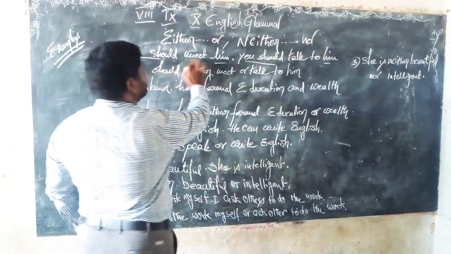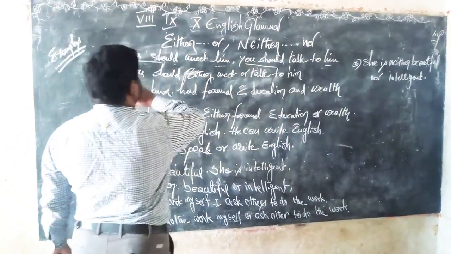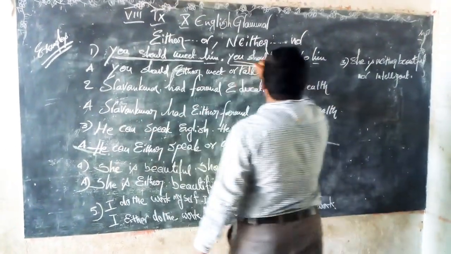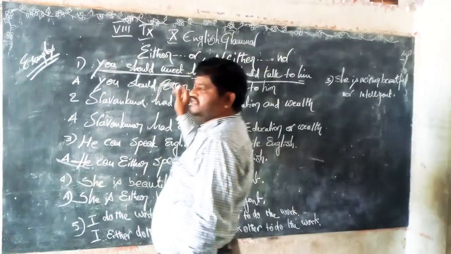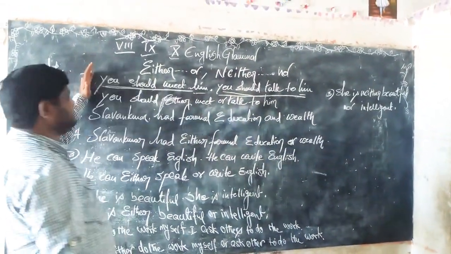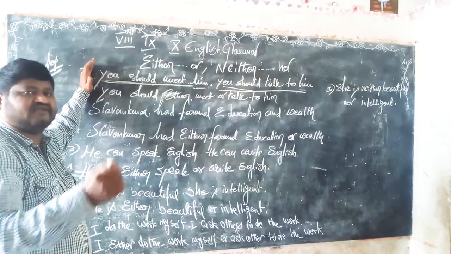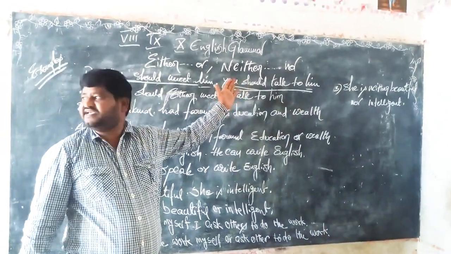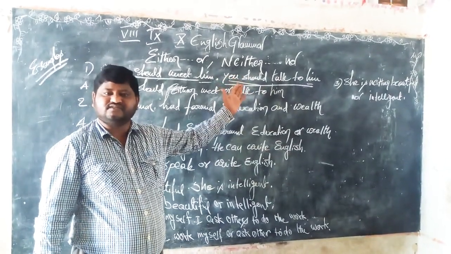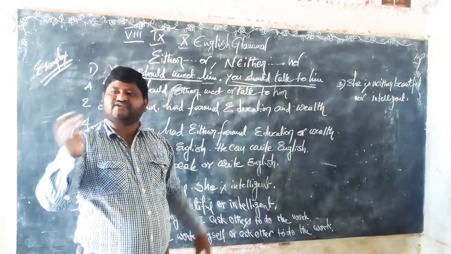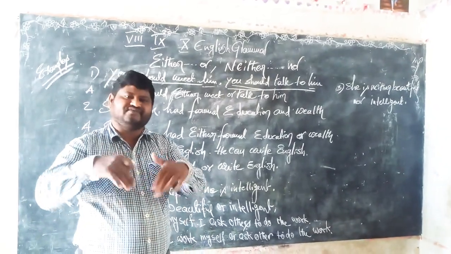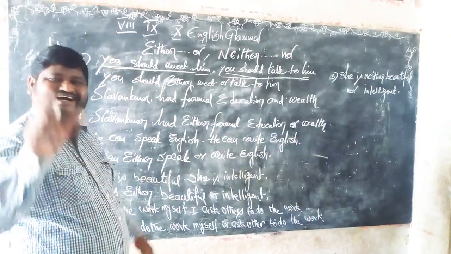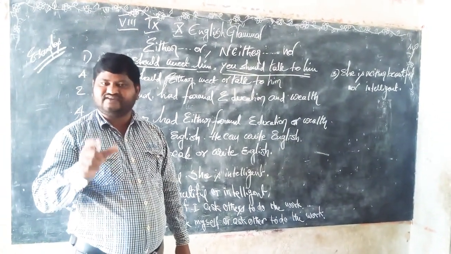You should meet him. This is the first sentence. And the second sentence: you should talk to him. So we have two sentences. You should identify the different words or the similar words. After finishing the identification, you can write the answer very easily.